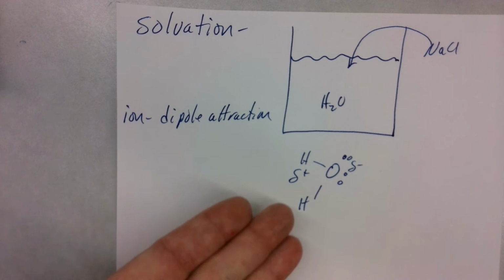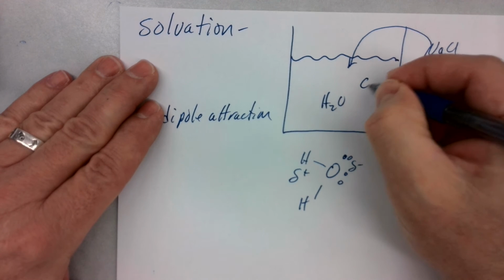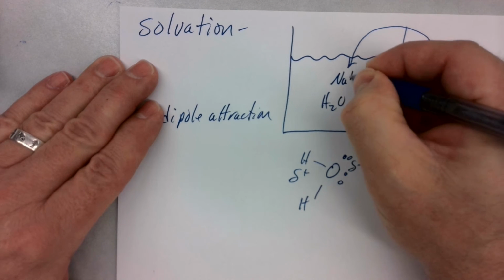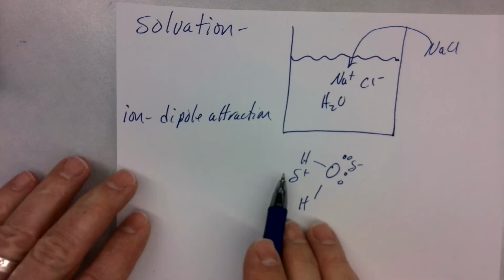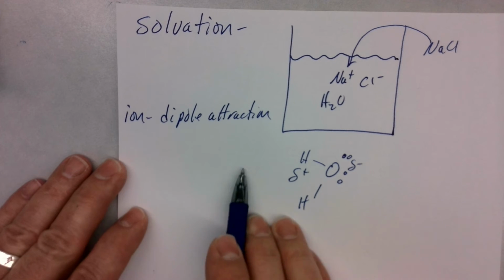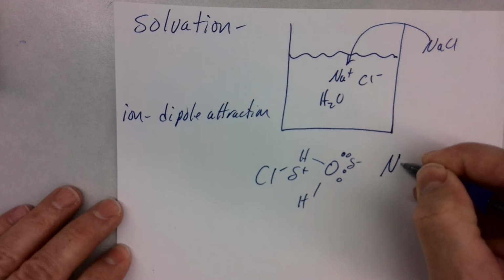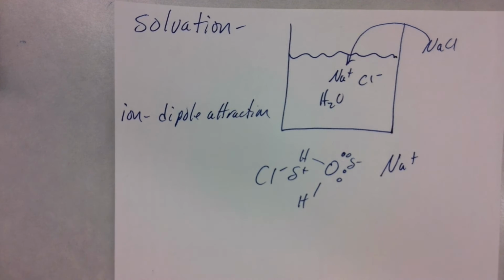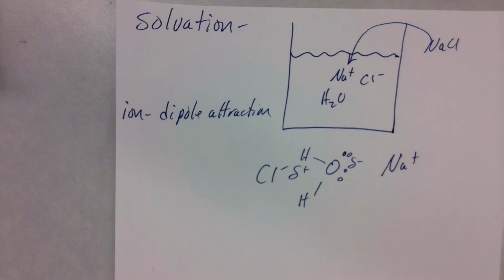Well, this water molecule is going to start to pull the chloride and the sodium apart from each other, right? And then it's going to get in between it. What's going to be over here? That's where the chloride end's going to go. And then the sodium end's going to be over here, right? And that water molecule gets in between them. And because that ion dipole attraction is literally like a truck, it pulls it away. And that's what splits them up.